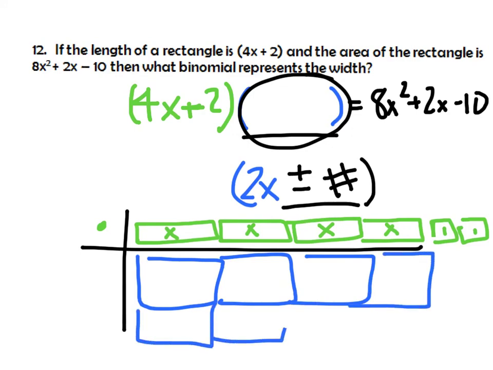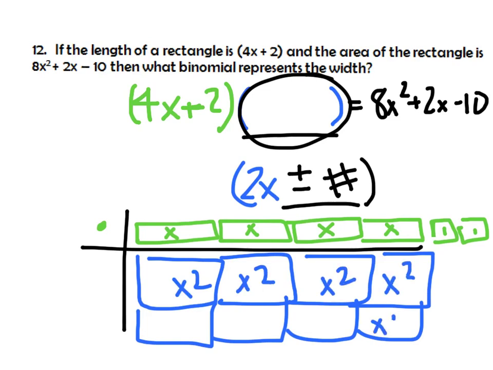So those are all x squares. Which kind of gives away the fact that this has to be a positive x, and that this has to be a positive x, like we just said. It's got to be 2x out here. So you got to figure out the rest of it.